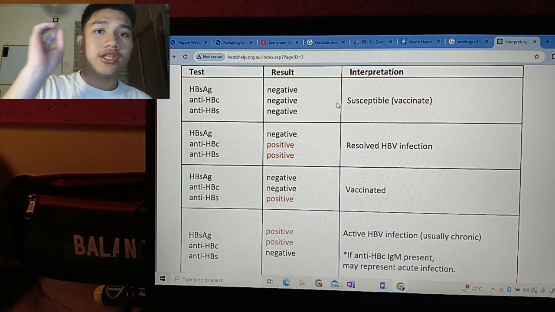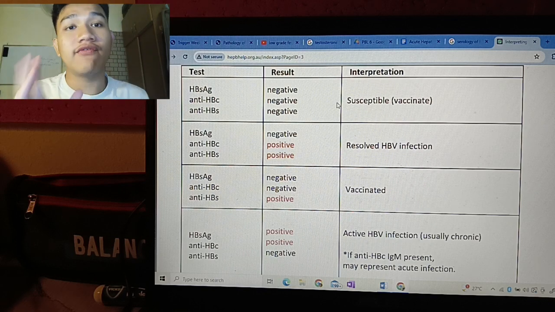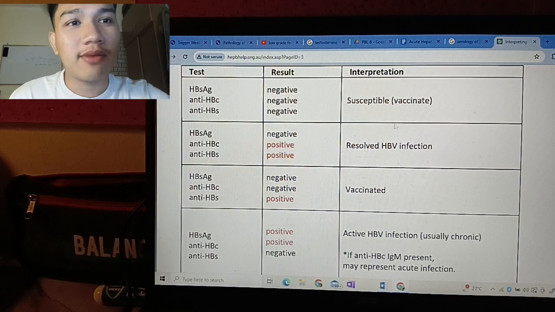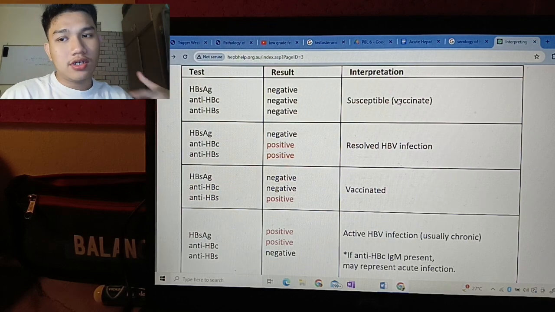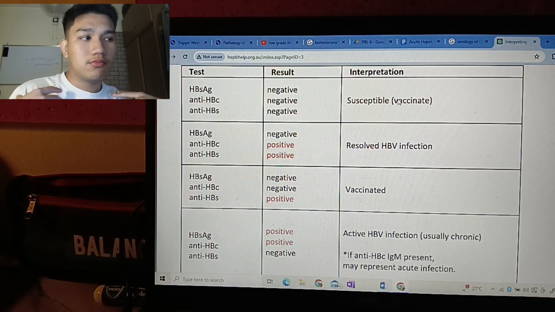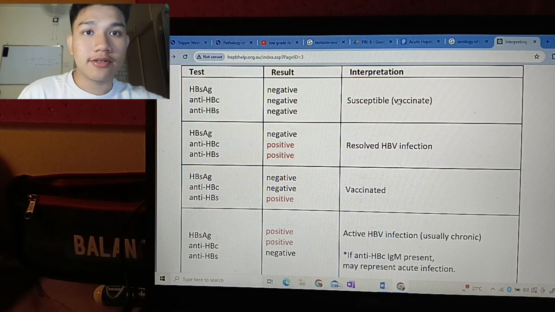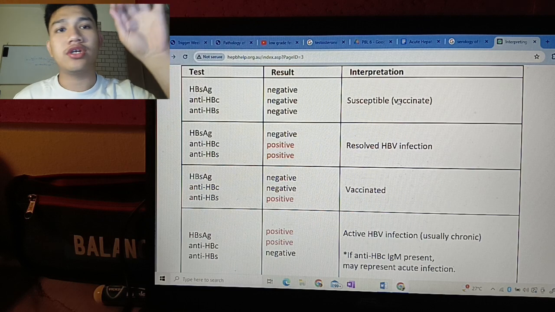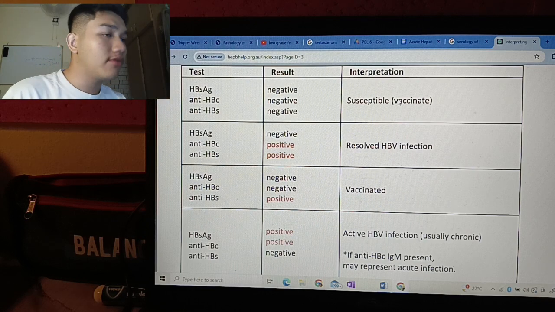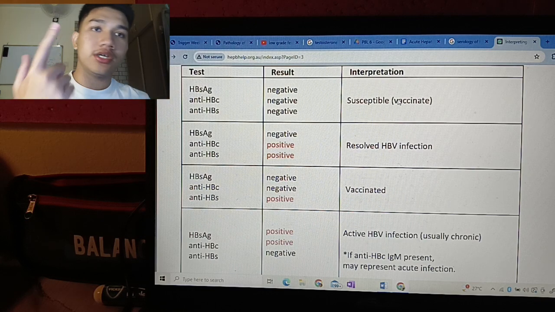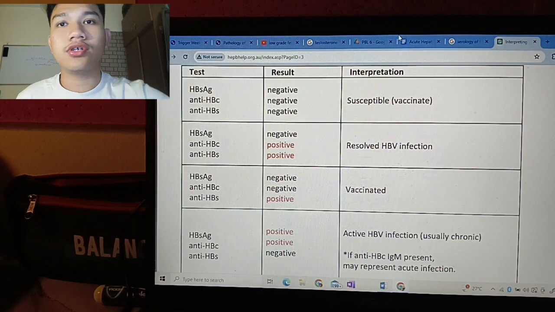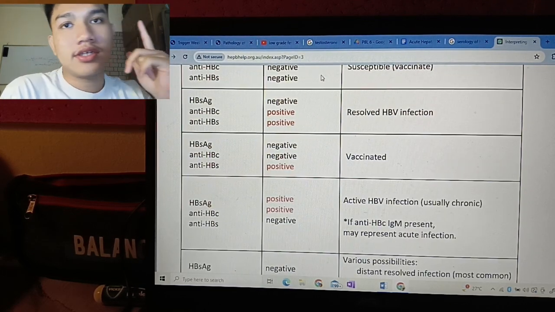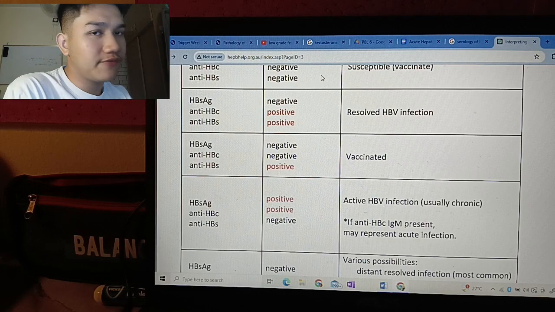And also, this patient does not have active infection at this moment of time. So, kita categorize this sebagai susceptible. Maksudnya, boleh jadi in the future dia akan dapat. Okay. So, what we have to do with this patient is untuk dia ambil hepatitis B vaccination.